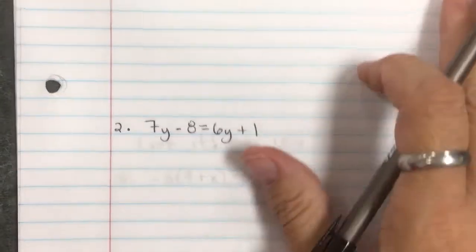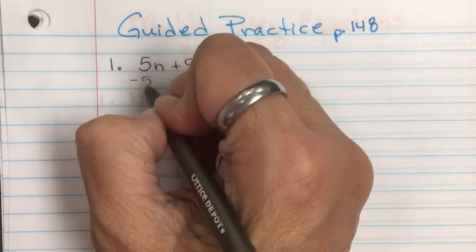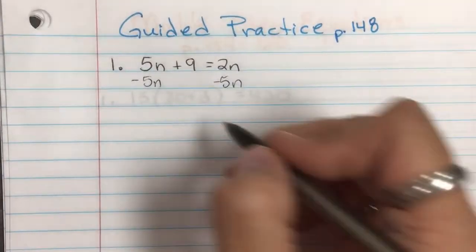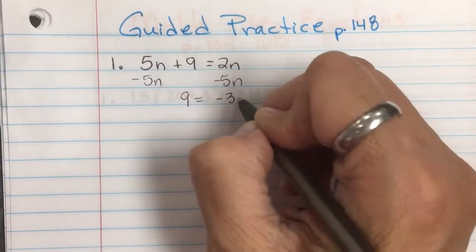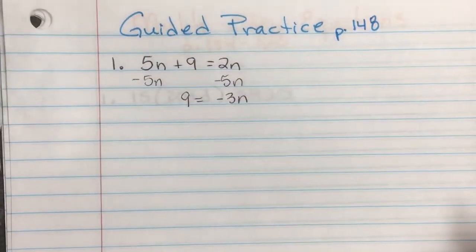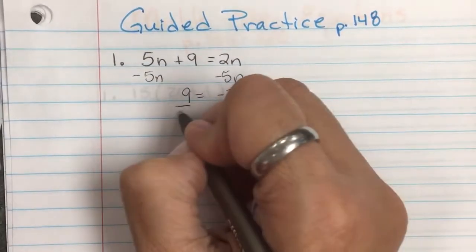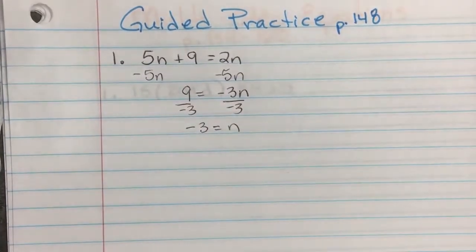Okay, I'm going to do this in regular pen this time. So I would subtract 5n to the other side. Even though this is coming out negative, I purposely wanted to do it this way because that means my variable is by itself. It's isolated now. I divide by negative 3 on both sides, and I get negative 3 is equal to n.